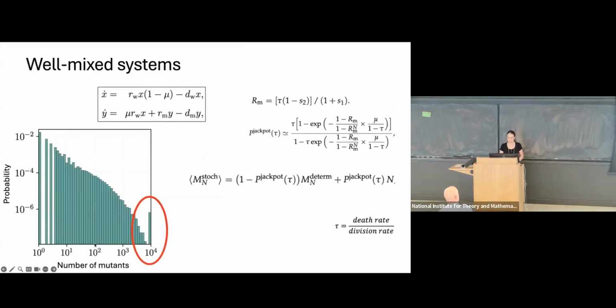So let's do this. The easiest way to study the well-mixed system is to write down ODEs. I love ODEs. They give us intuition. So this is my ODE. Normal cells divide at rate R, and they mutate and they die. Mutants appear at rate mu, and they divide and they die.